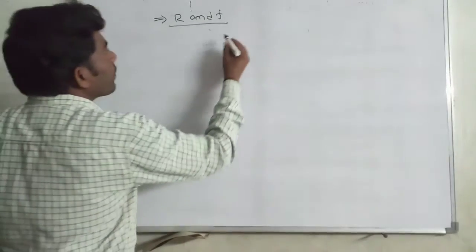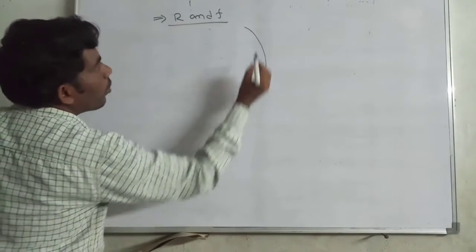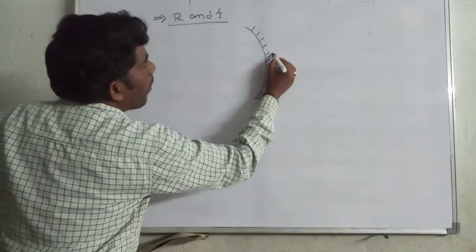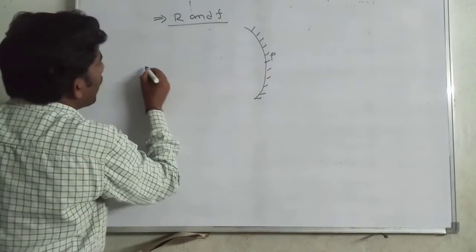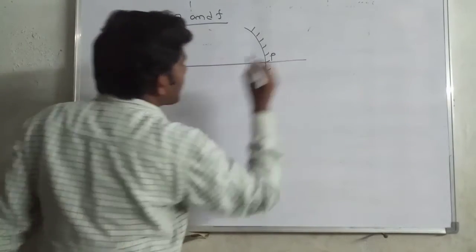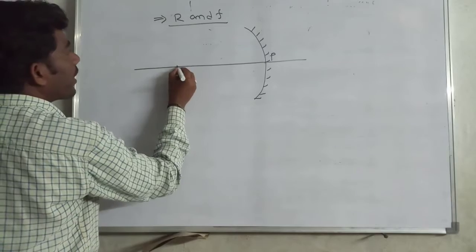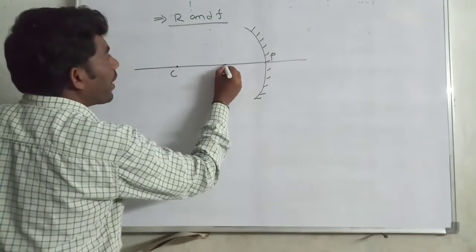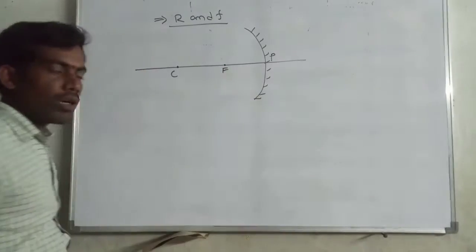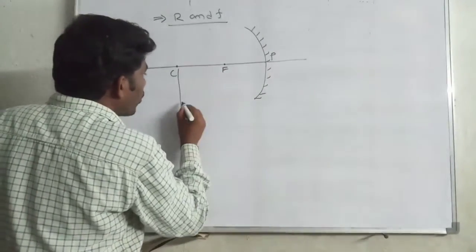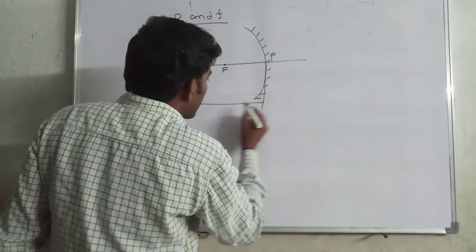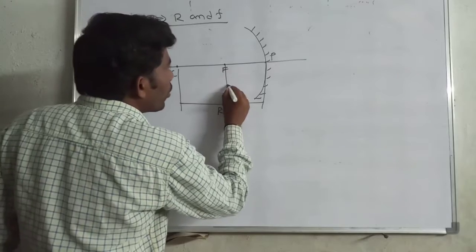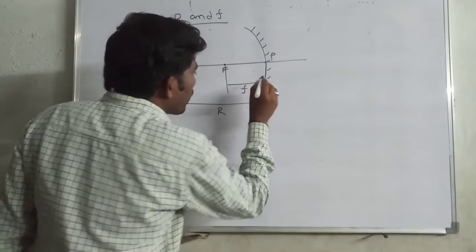See, this is the concave mirror. This is the point P, and this is the principal axis. At this point, taken as the center of curvature, and this point taken as F, the focal point. From this to this is capital R, and from this to this is small f.